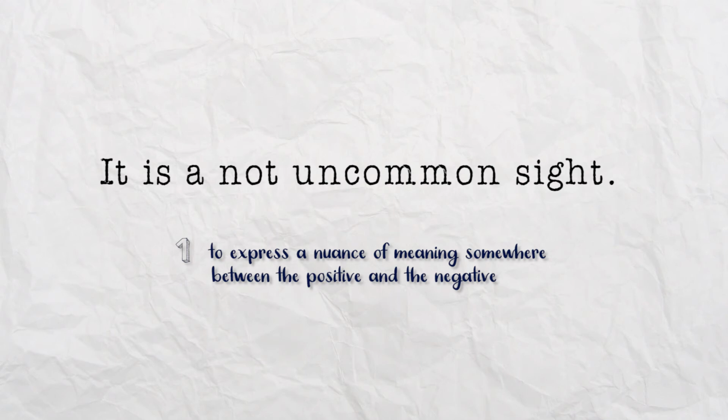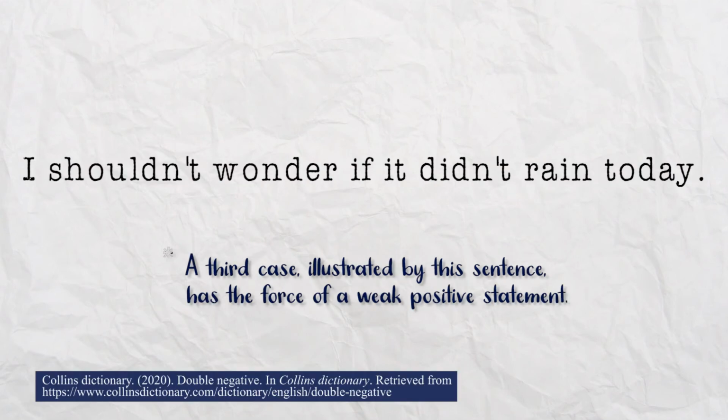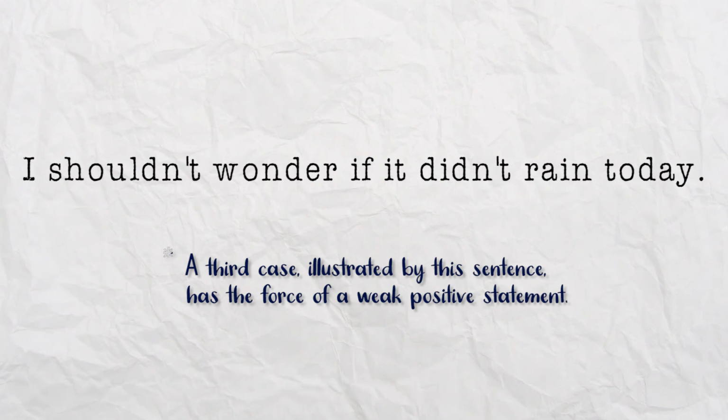But in a way, we didn't say that because this implies some negativity as well. For example, when you say, I shouldn't wonder if it didn't rain today, you could simply say, I expect it to rain today. You could have double negative in standard English, but for a different purpose. That's not what's happening in the movie.